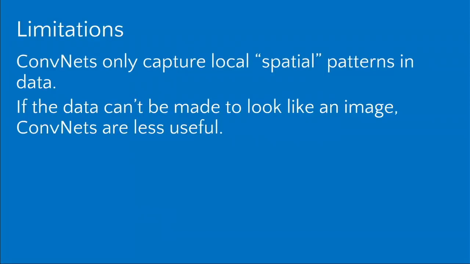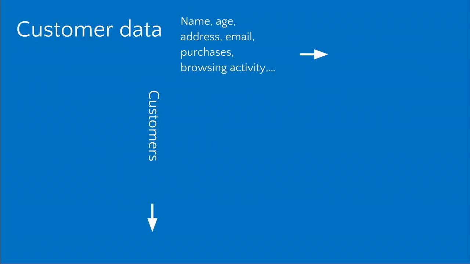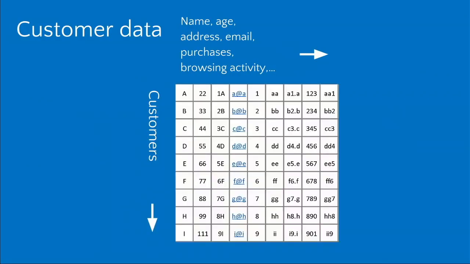Now, there are some limitations here. Convolutional neural networks only capture local spatial patterns. So if your data can't be made to look like an image, or if it doesn't make sense to, then they're less useful. For example, imagine you have customer data that has columns representing things like names and ages, addresses, emails, purchases, transactions, browsing histories, and these customers are listed.